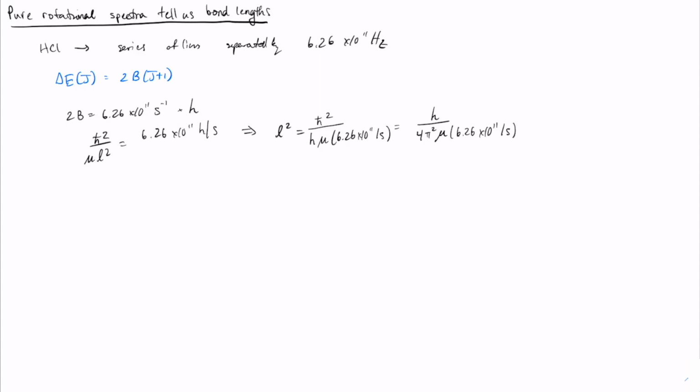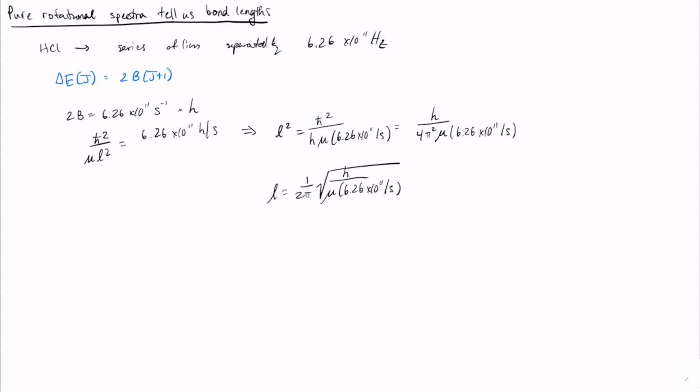I'm not going to go through the details of this in this video, but I encourage you to go back and check my math. Then you can solve this for L, which is just 1 over 2 pi times the square root of h over mu times 6.26 times 10 to the 11 per second.